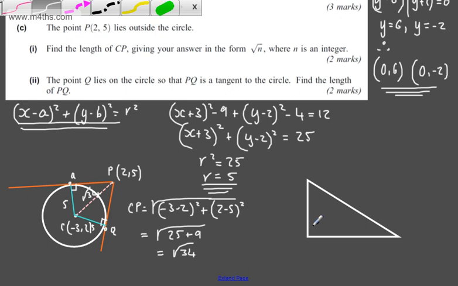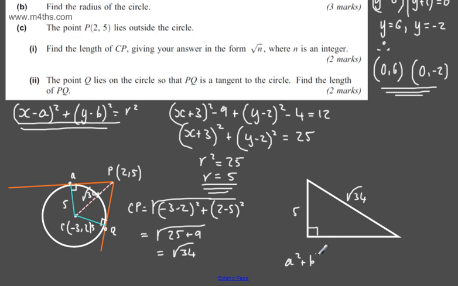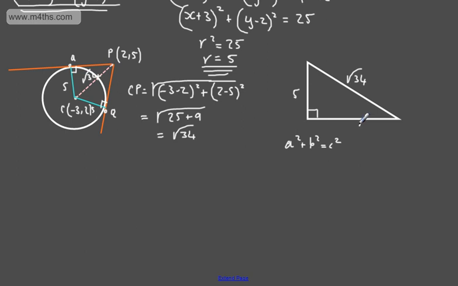So what we've got here is the right angle. We've got that the hypotenuse just here is the root of 34. So let's go ahead and put this on. And then we've got the radius, which is 5. So using Pythagoras, a squared plus b squared is equal to c squared. Calling this one a, we can say that a squared plus 25 is equal to c squared, which is 34.